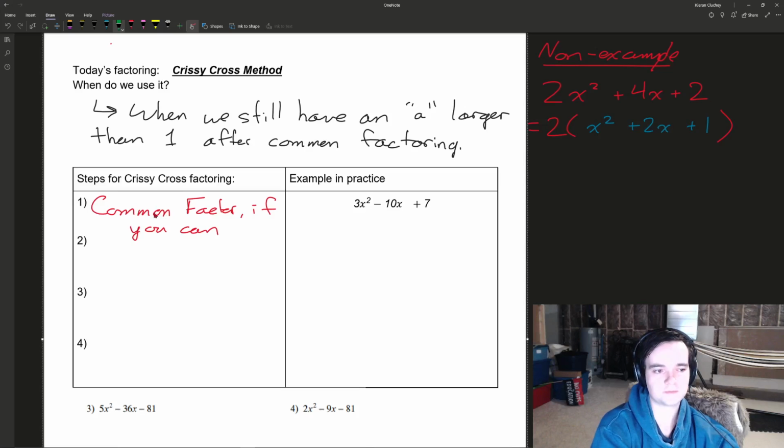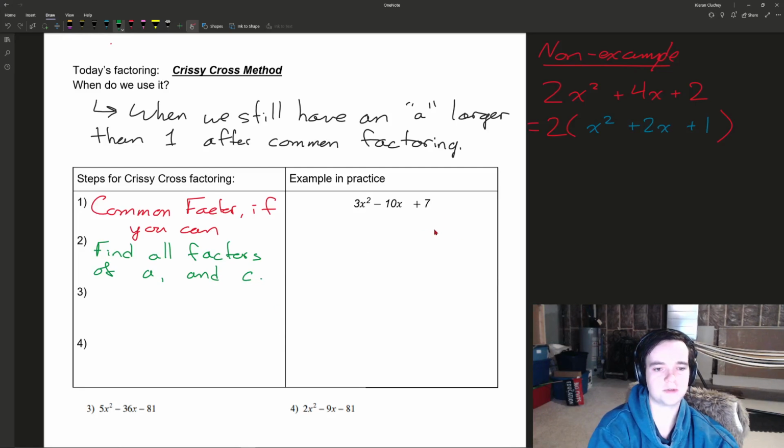The next step, once you common factor, is to find all factors of A and C.